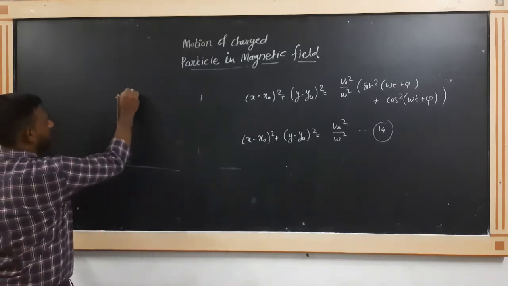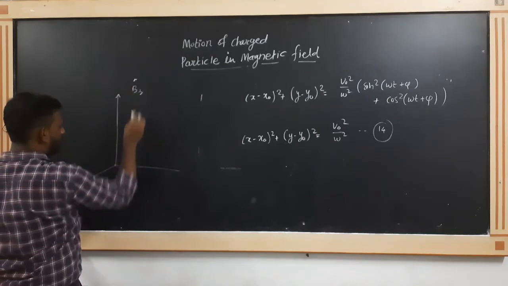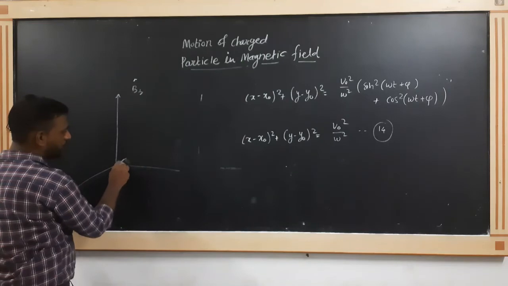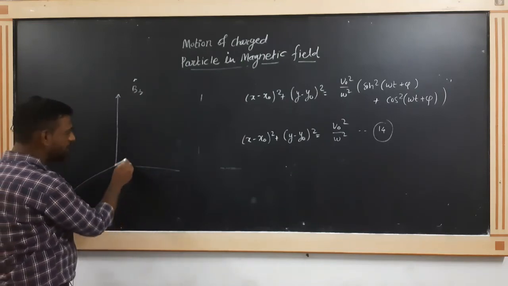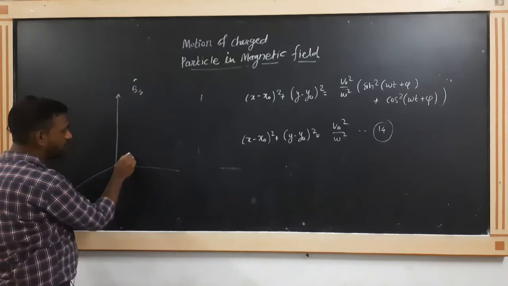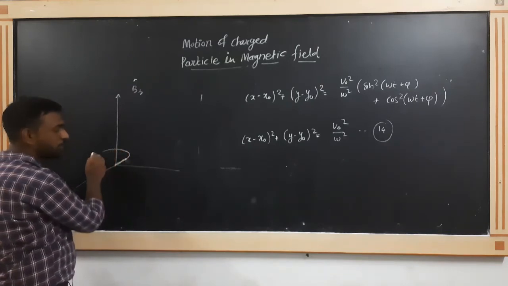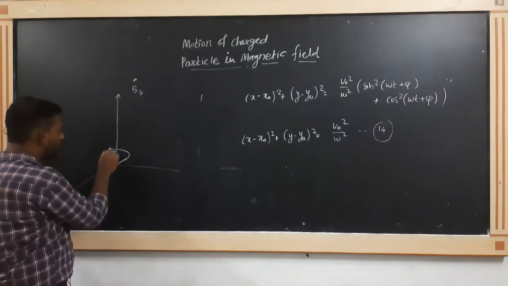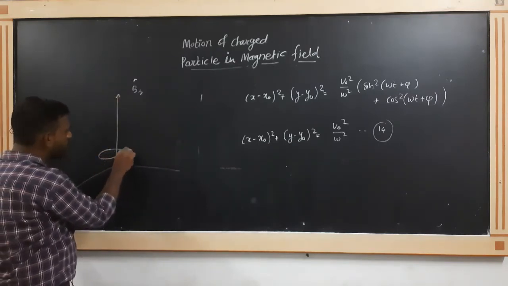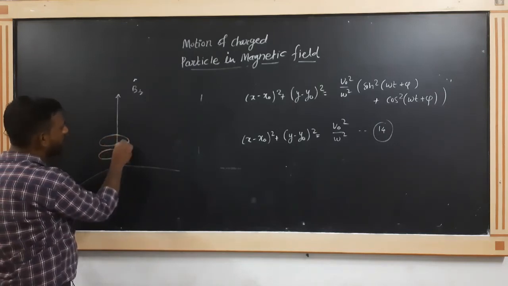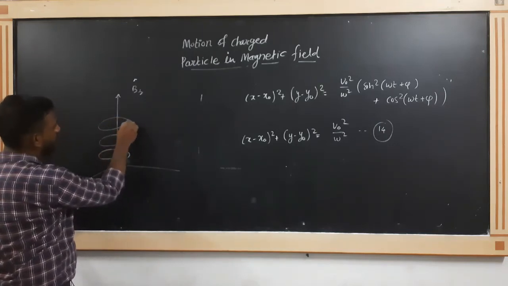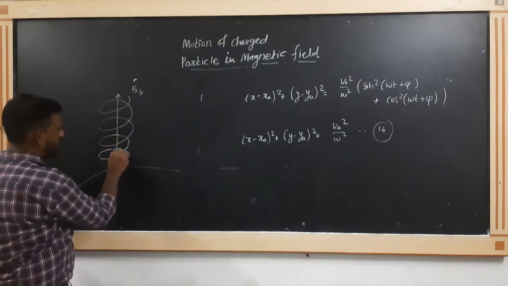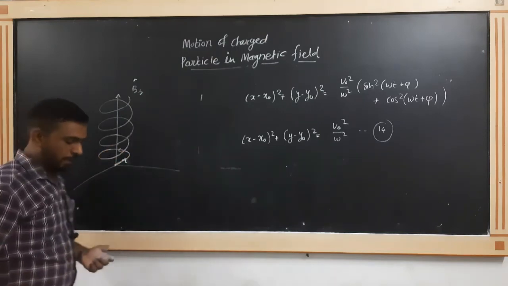So this is the z axis, and when the charged particle enters the magnetic field, due to the perpendicular v cos theta component it tries to move in circular motion, but due to the vertical component v sin theta it tries to go upward, and the resultant of these two motions is the spring motion, or we can say it looks like a spring kind of thing. So this is the motion of the charged particle when we apply the magnetic field.